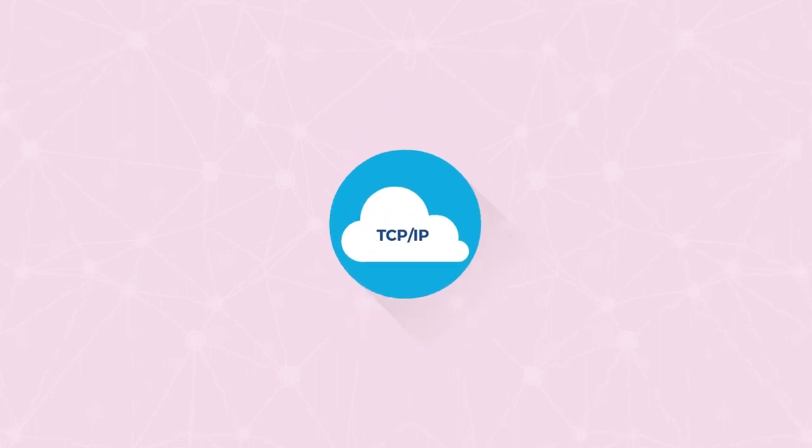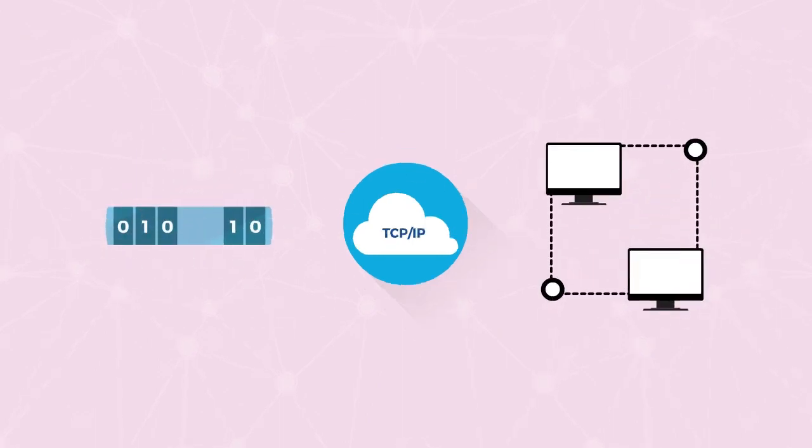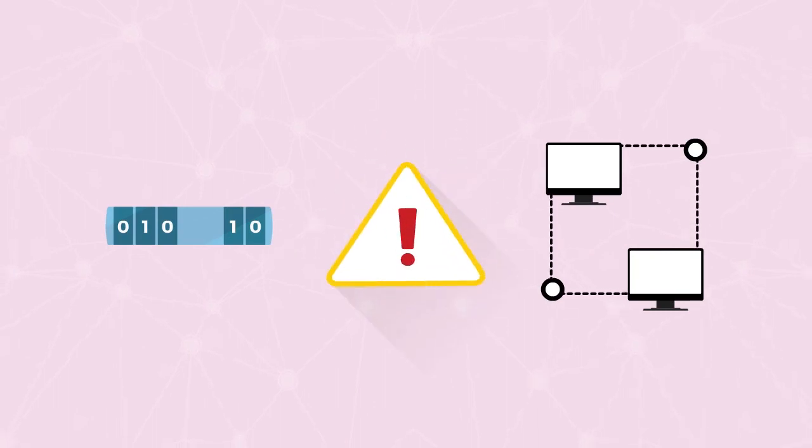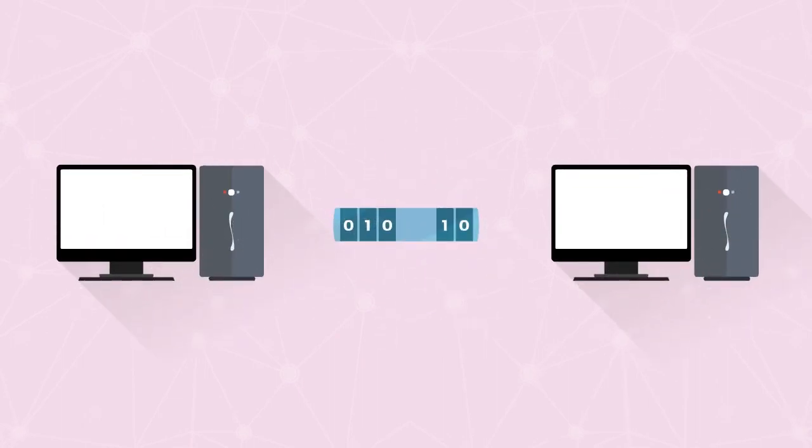So the responsibilities of the protocol are to provide for guaranteed delivery of packets, also to handle packet retransmission in the event of an error, and it does this through the use of acknowledgements. So when a packet is received on the other side, it says, I received that, and you can therefore be assured that your transmission has been received.